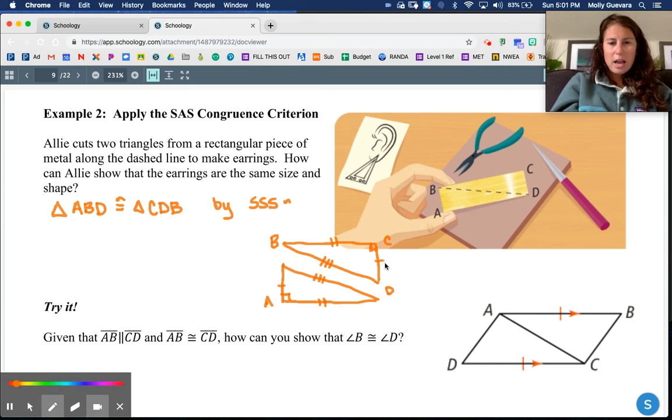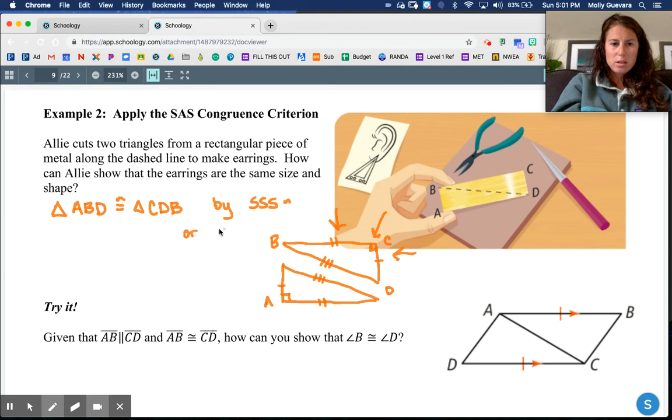Or I can use side, angle, side. Do you notice here I have a side, and the angle between them. So I also could use side, angle, side. So multiple options here, but either way, because this original shape was a rectangle and I split it, I'm able to show that the two pieces of earrings are the same.